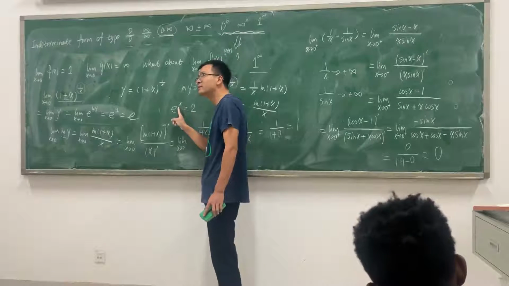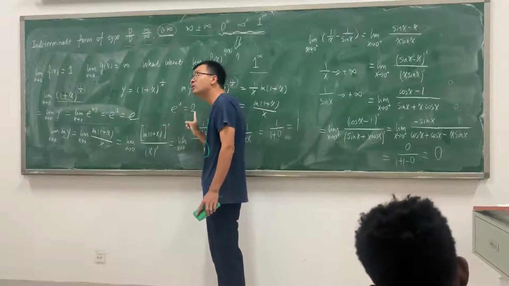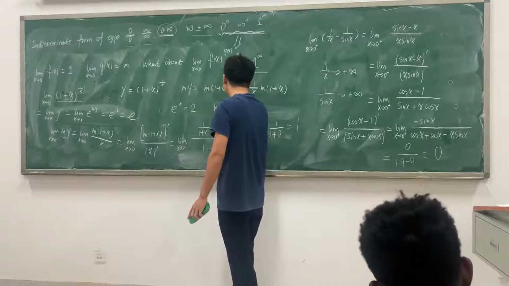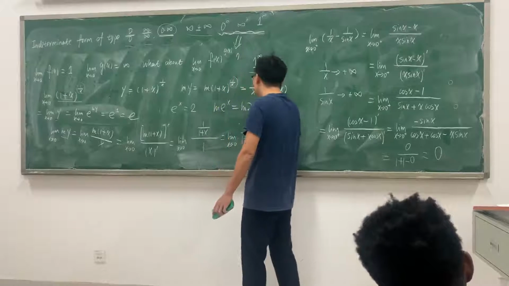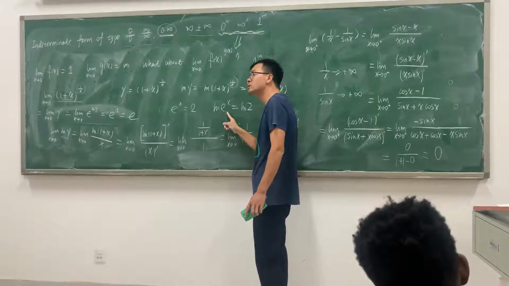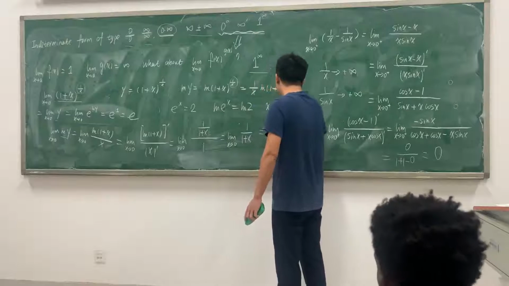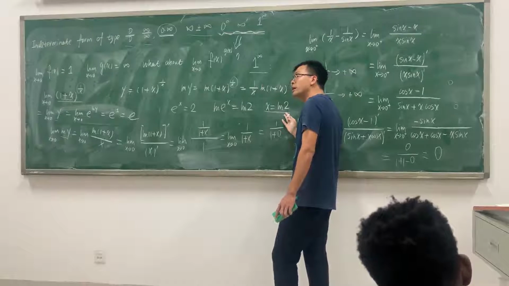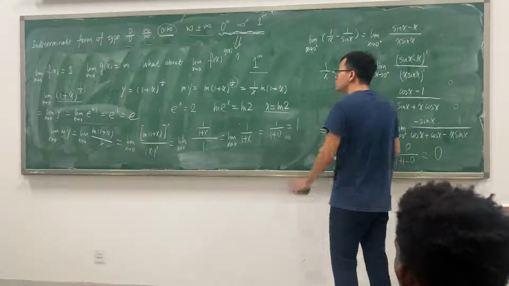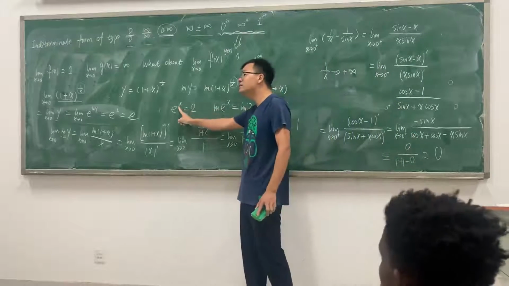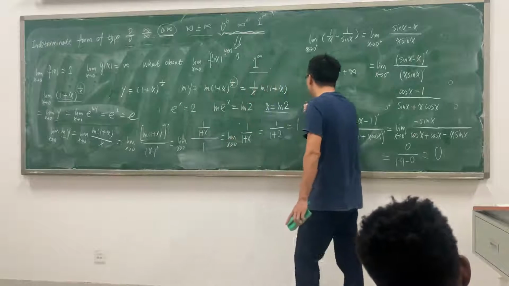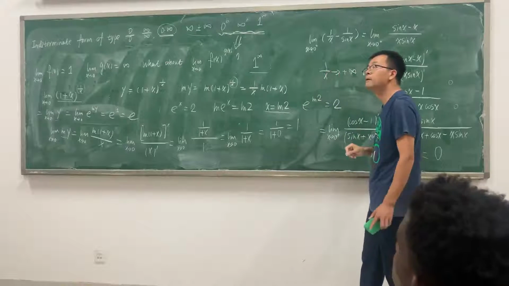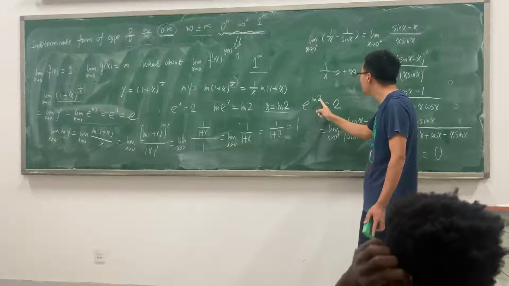How to find x? Take ln on both sides. So ln of e to the x equal to ln 2. ln of e to the x is x, so x equal to ln 2. Now replace this x by ln 2: e to the power ln 2 equal to 2. The same, e to the power ln y equal to y.